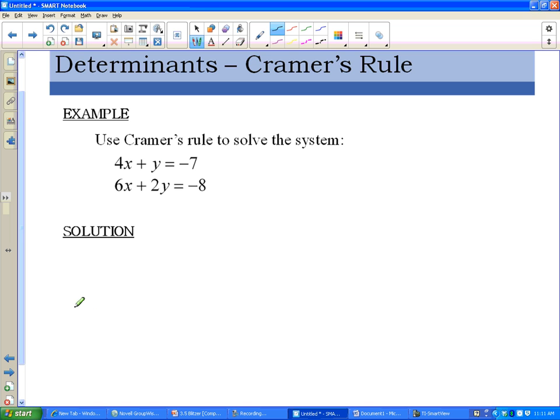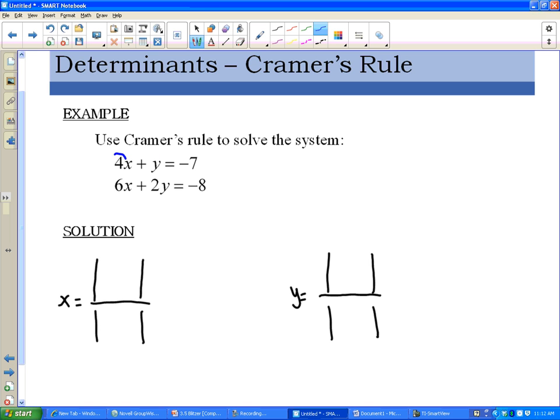So basically, I have x equals a fraction. We're going to have a determinant on the top and the bottom. And then I have y equals a fraction with a determinant on top and a determinant on bottom. I just need to figure out what to put in each of those places.